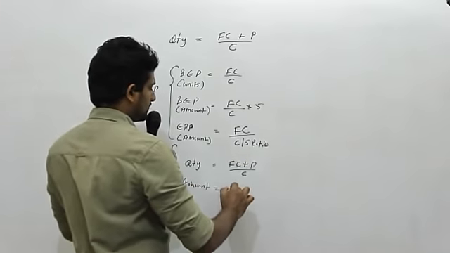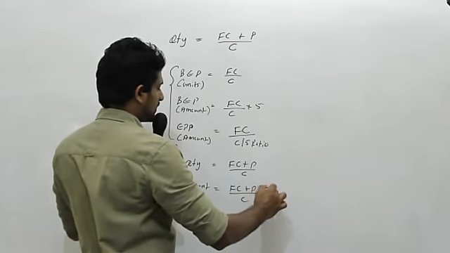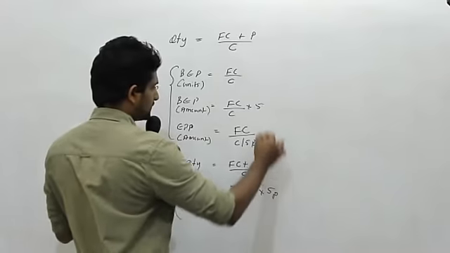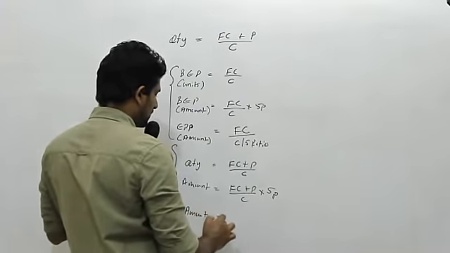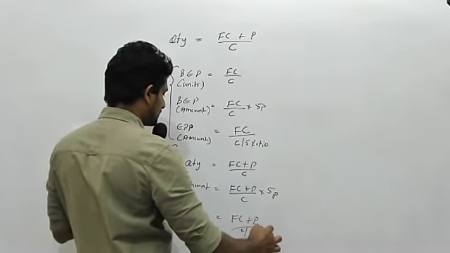Amount, fixed cost plus profit divided by contribution per unit into selling price per unit. Or otherwise the amount can be calculated as fixed cost plus profit divided by CS ratio.